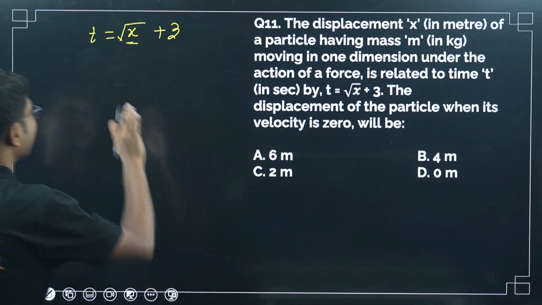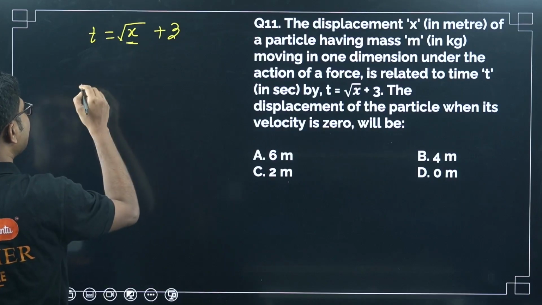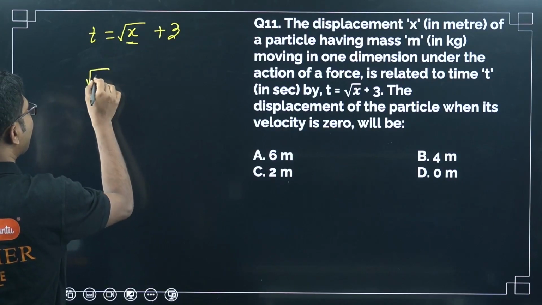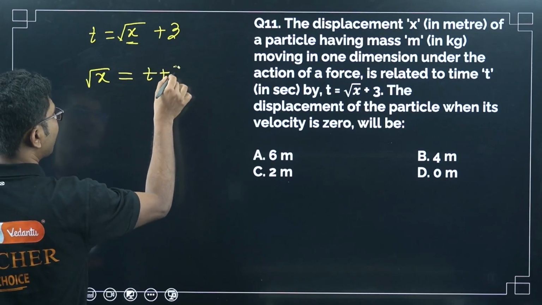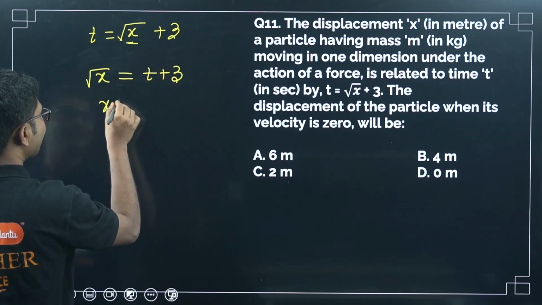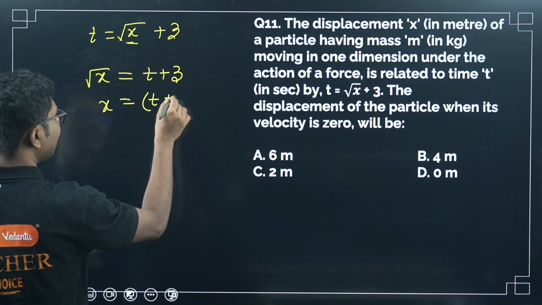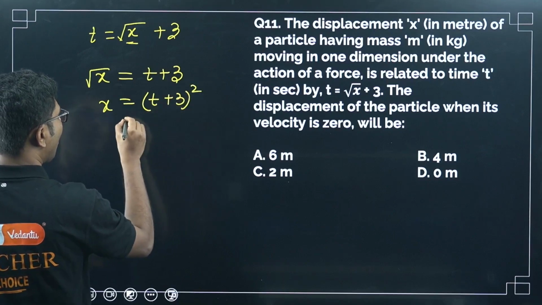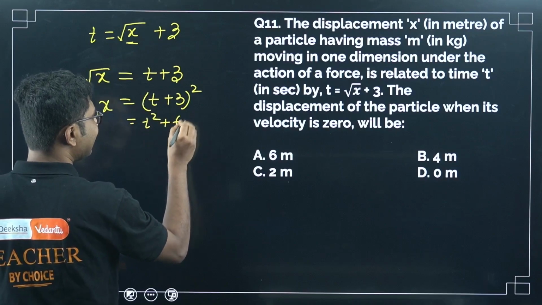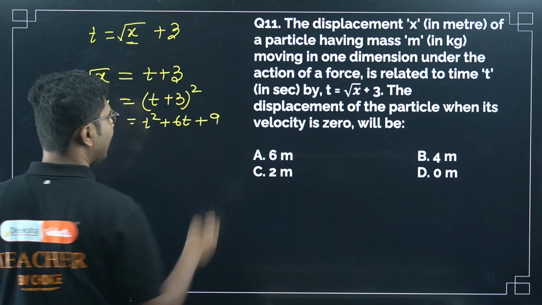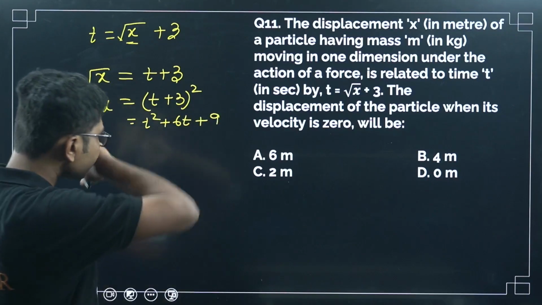Here x is dependent, right? So we have to make x independent. How can we do that? We can write square root of x equals t plus 3, or x equals t plus 3 whole square, or t square plus 6t plus 9, right? This is the displacement.